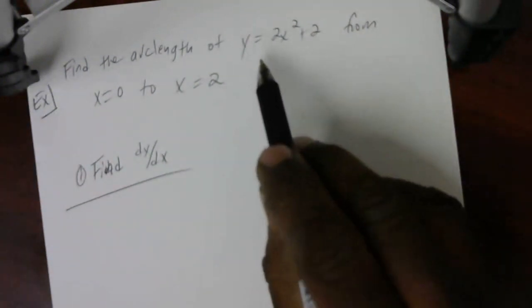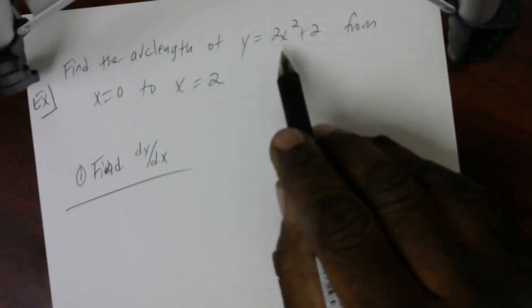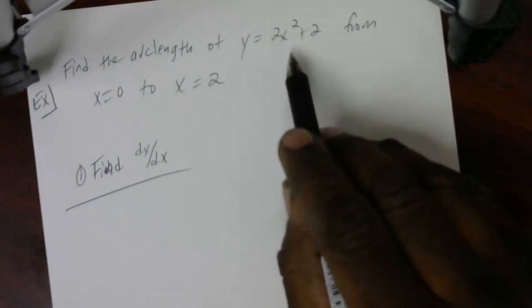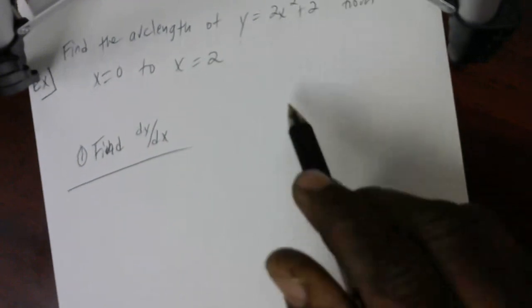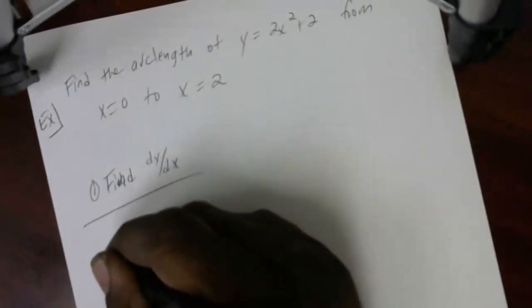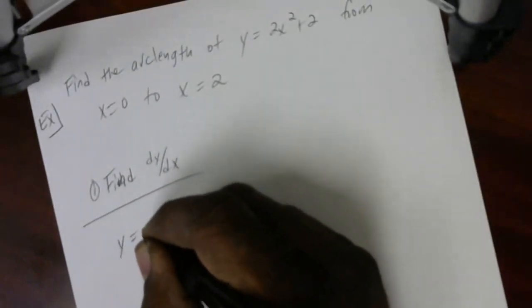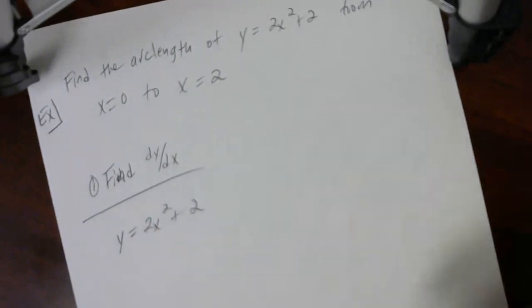So we're going to find the derivative, then square the derivative, then use that in our formula. We have y equals 2x squared plus 2.